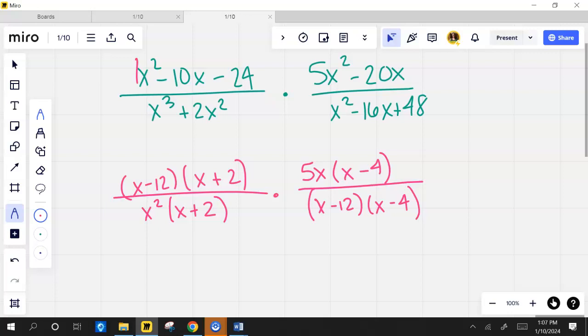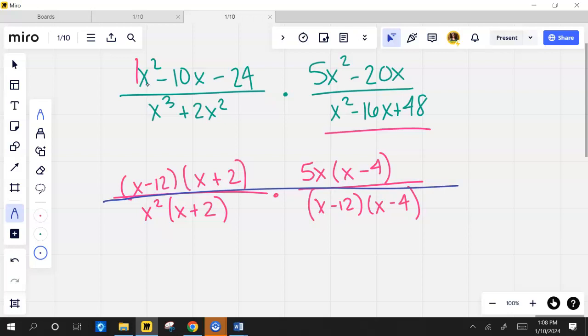Okay, now, the bottom one, all I did was factor out an x squared. Then as I moved to the second fraction, all I did was factor out a 5x. And then on the bottom, again, what multiplies to 48 but adds to negative 16, negative 12, and negative 4. So now, because these are fractions and I'm multiplying, it makes it really easy. I can just multiply straight across. I absolutely would. And in fact, I don't even rewrite it.